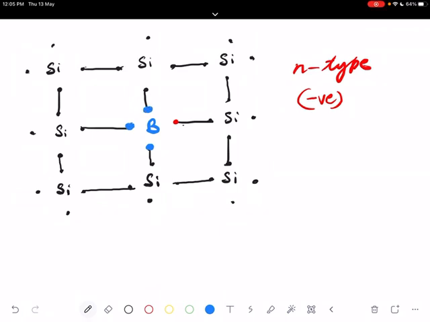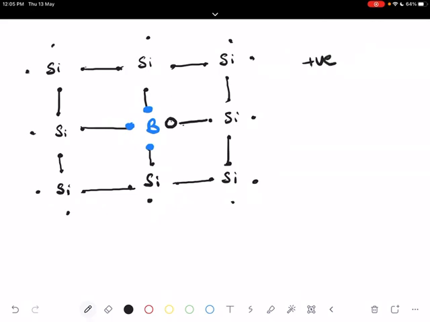So 3 bonds will be formed with silicon, and there is a gap. This gap is called an electron hole, and we consider that the nature of that hole is positive.